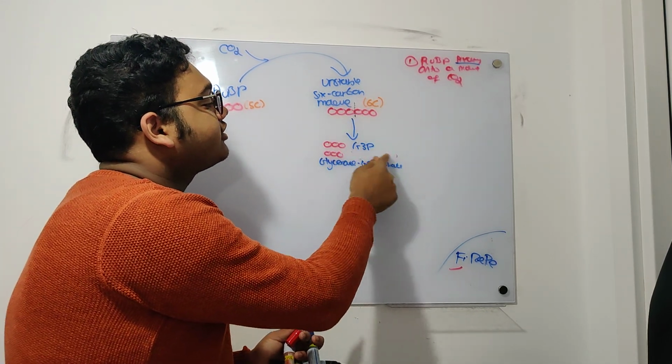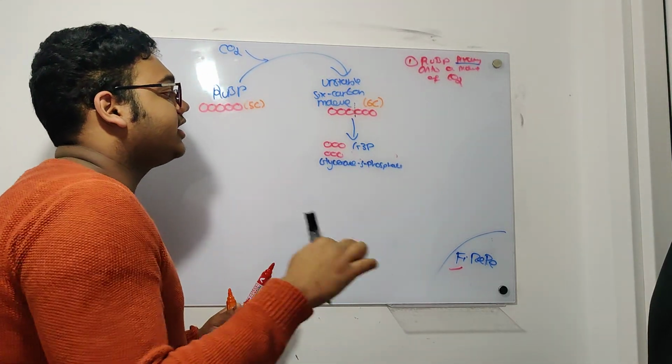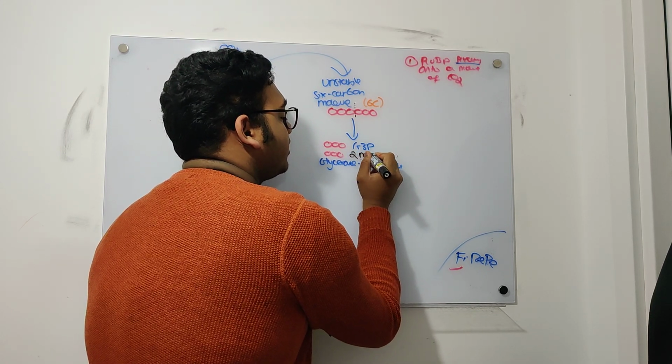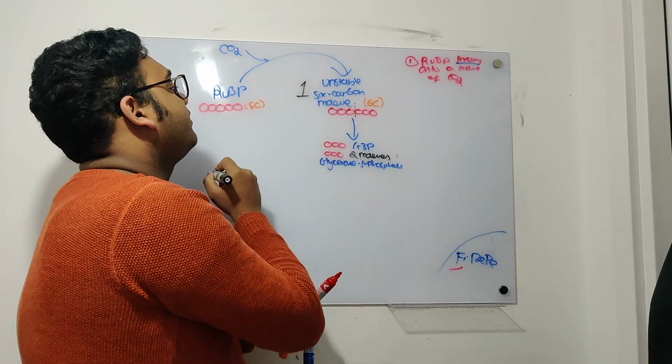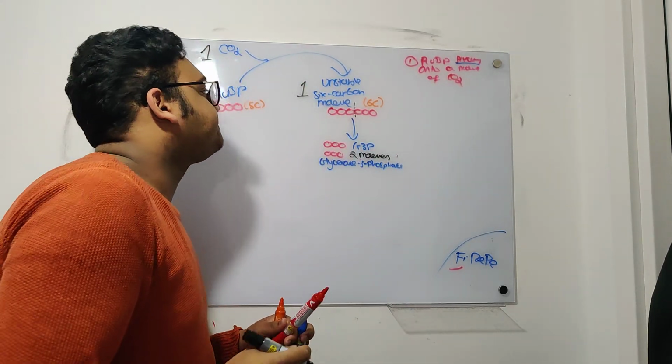I'm going to do that in black, just so we can still stay on that colour scheme. So, 2 molecules. Over here, we have 1 molecule, 1 molecule, and 1 molecule.